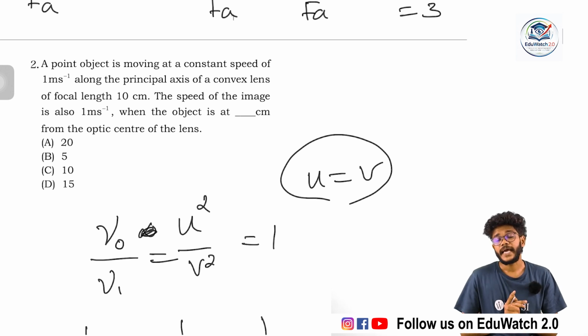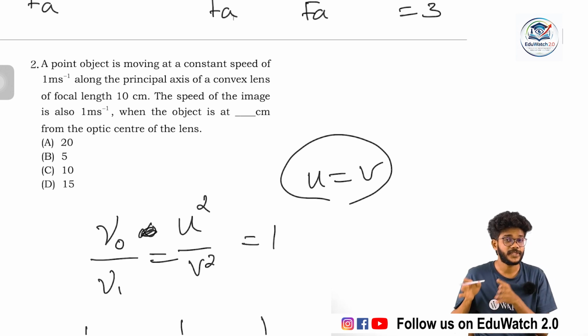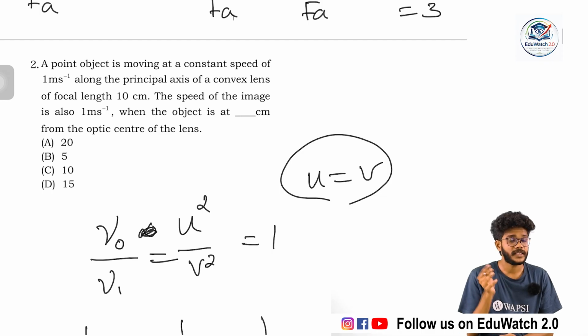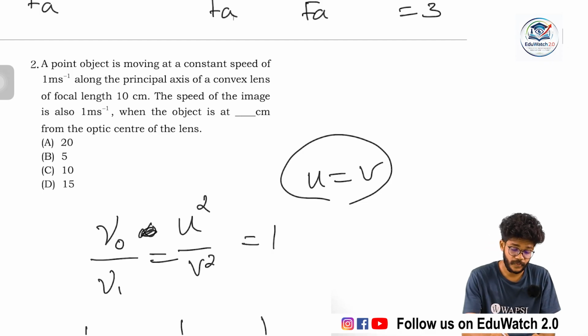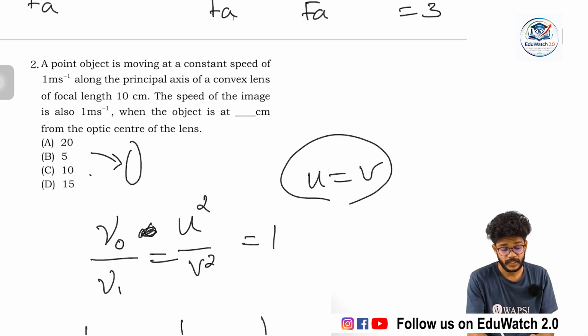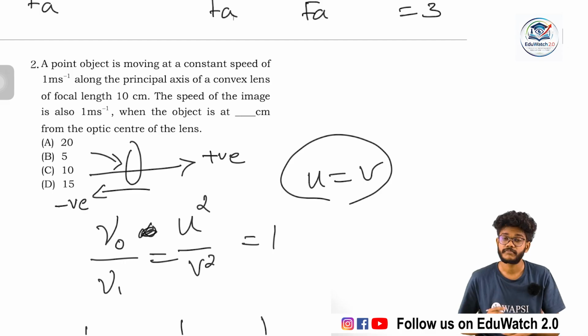But we have to use the sign convention here. What does the sign convention say? The direction of the ray is to be taken as positive. So this direction is positive and this direction is negative. So we can take u as minus u.